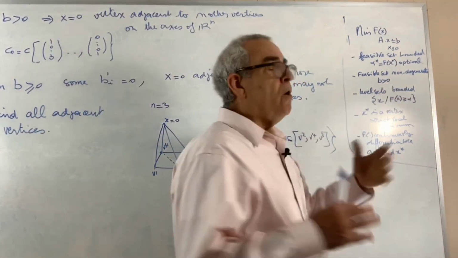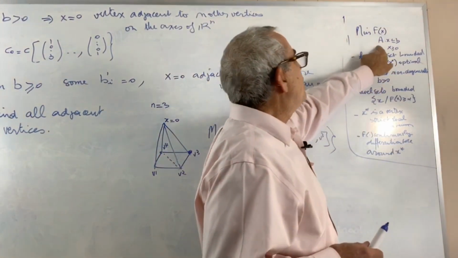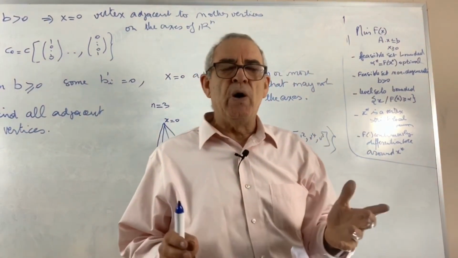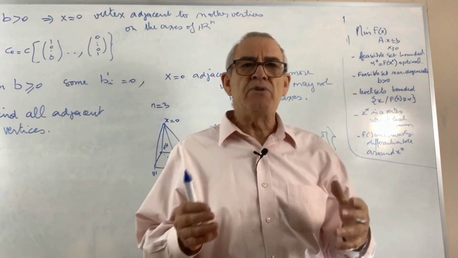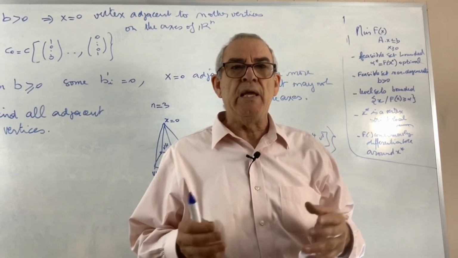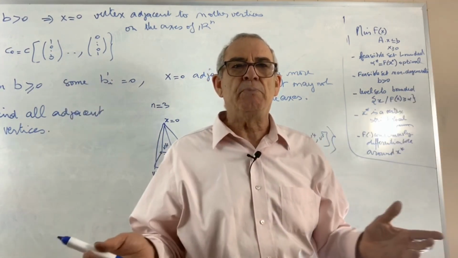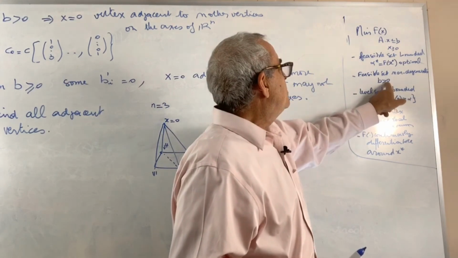Non-degenerate is not for the whole set. Remember when we transformed our initial program, we did phase one. So we need the basic feasible solution obtained at the end of phase one to be non-degenerate, not the whole feasible region being non-degenerate. So that's where this assumption is used.